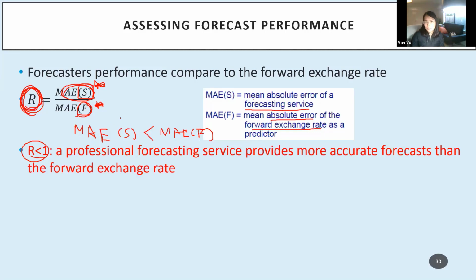Because I have a smaller error for my forecasting technique, I can claim that it outperforms the forward rate. And vice versa. If the ratio is greater than 1, that means my forecasting technique is not as accurate as the forward rate.